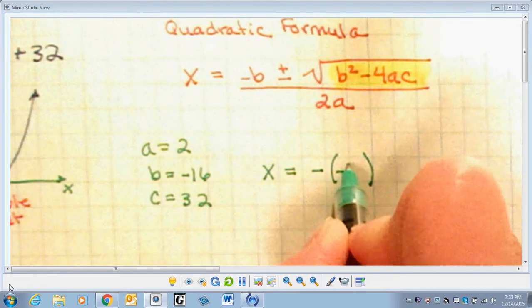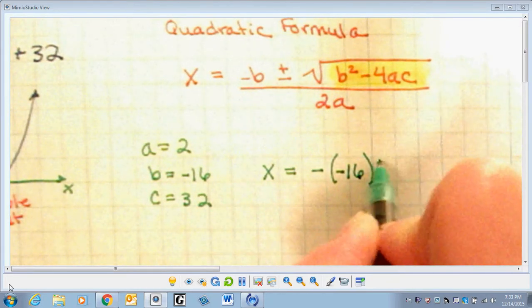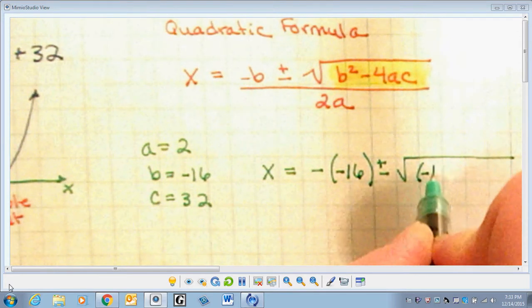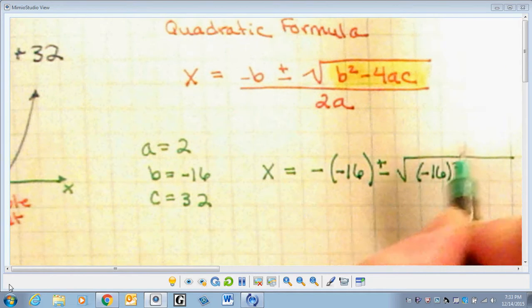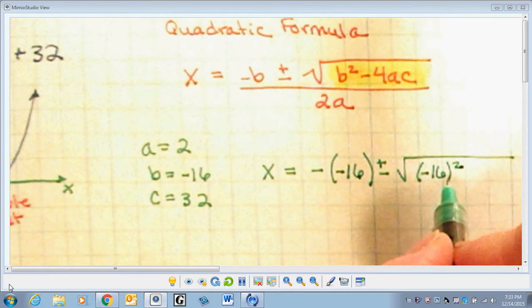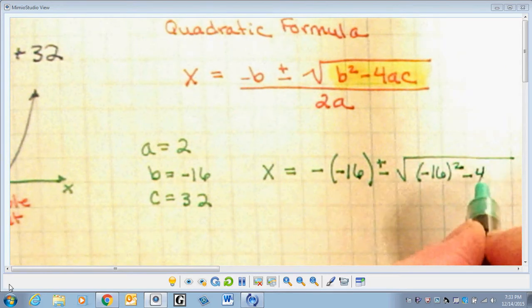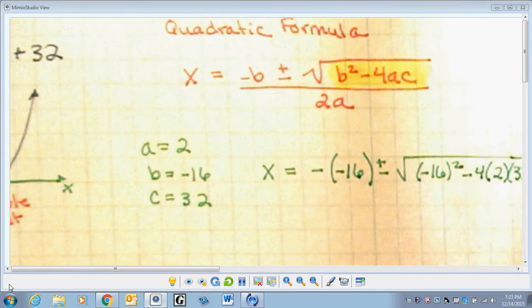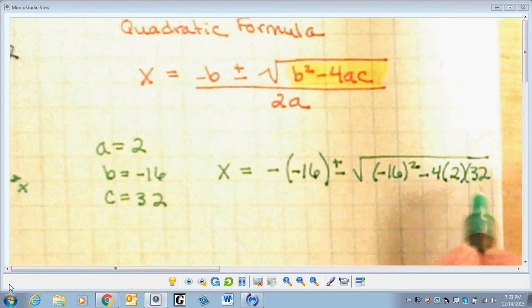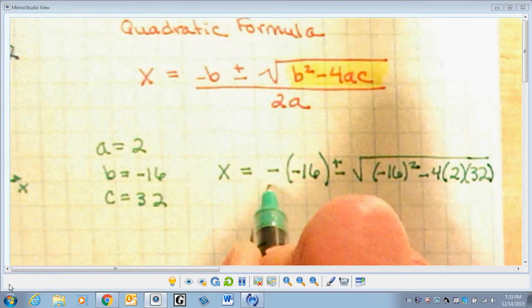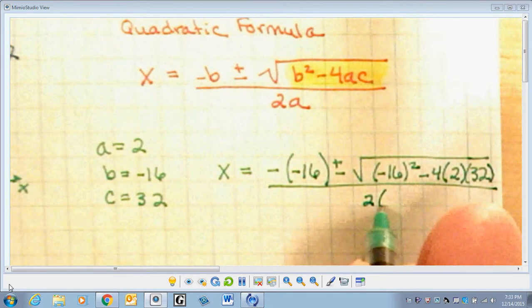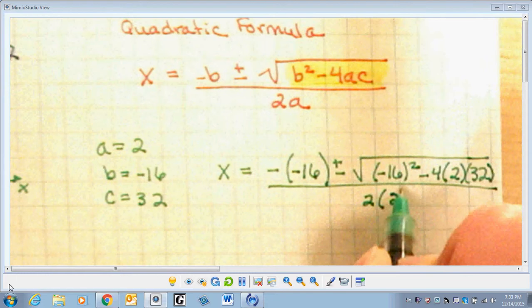So it's a negative negative 16 plus or minus the square root of negative 16 squared. Notice I put the negative 16 in parentheses, minus 4ac. And that entire thing is divided by 2 times a, which is 2.